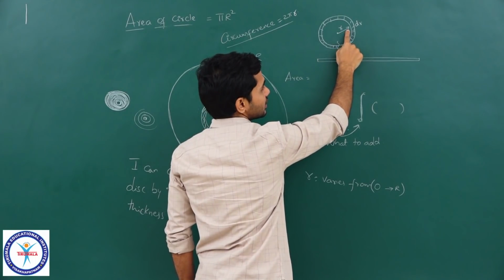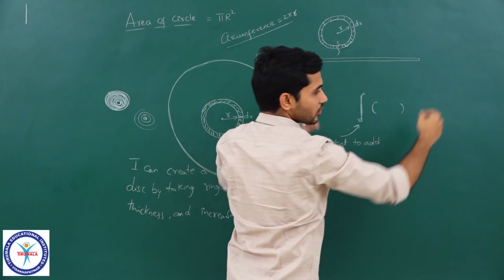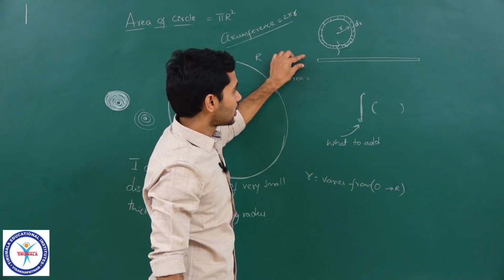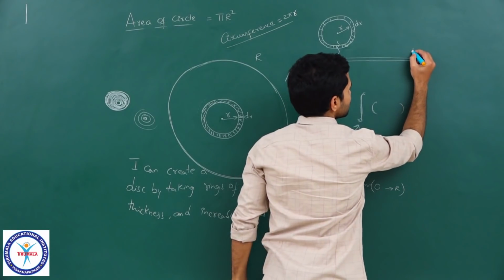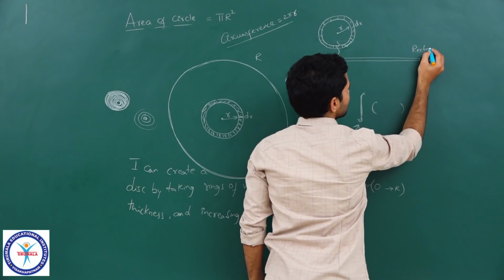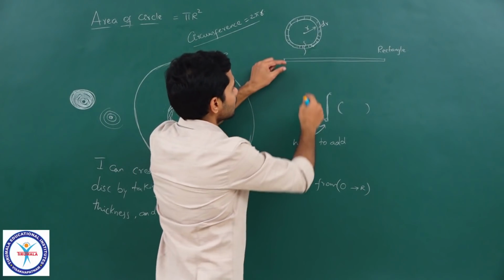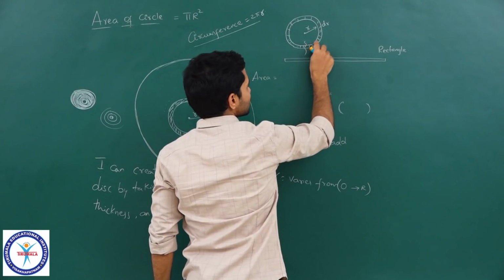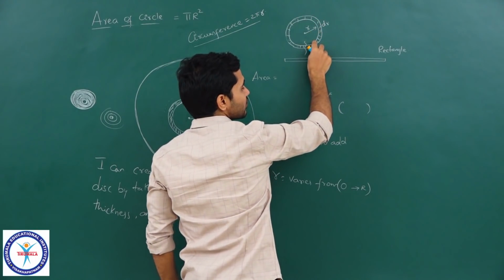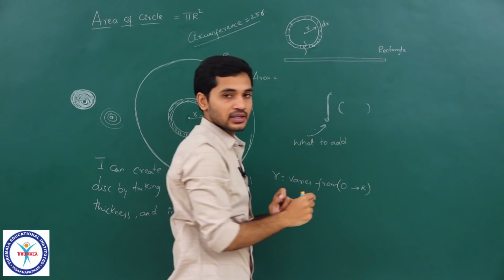And the area of that ring, how am I calculating it? I have first cut it and spread it into a strip, right? And you understand that this strip here is nothing but a rectangle, right? It looks like a rectangle. And you can easily say that when I am spreading it in this manner, whatever is the circumference of the ring is what gets spread as the length of the rectangle.